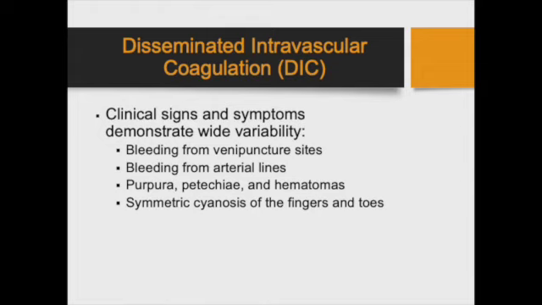Heparin is indicated only in certain situations related to DIC, like if you have a DIC because of a promyelocytic leukemia, or if there's a retained deceased fetus and you can't expel that tissue after delivery, you might need to use heparin.